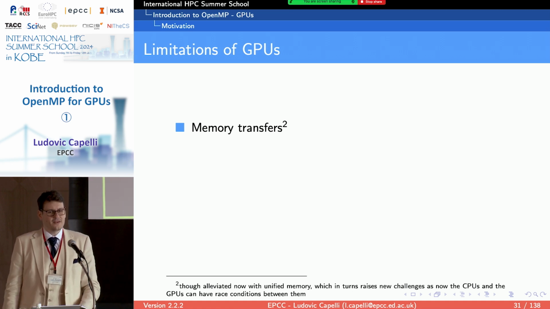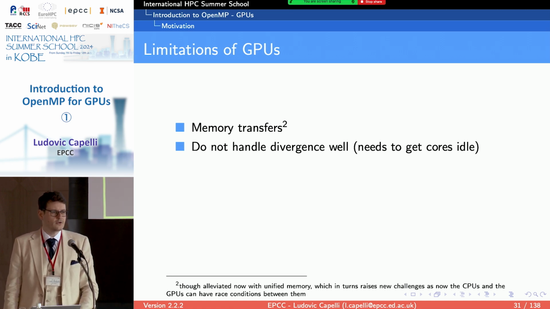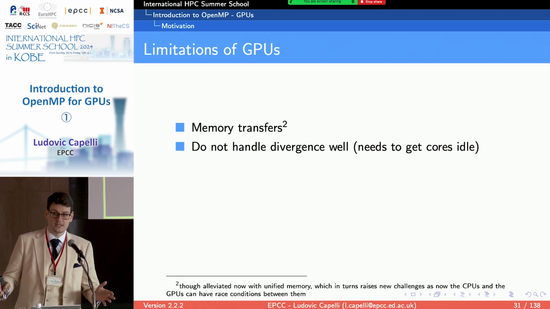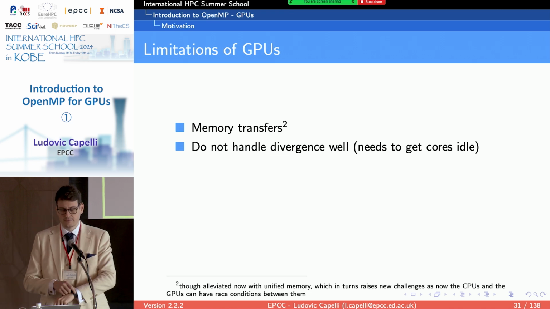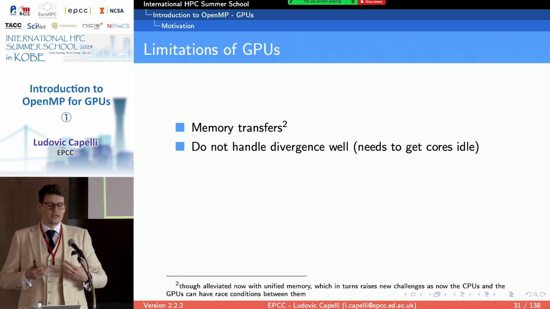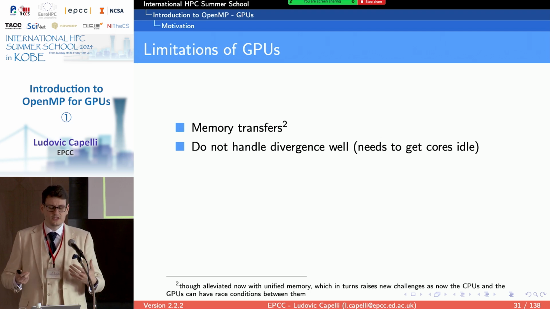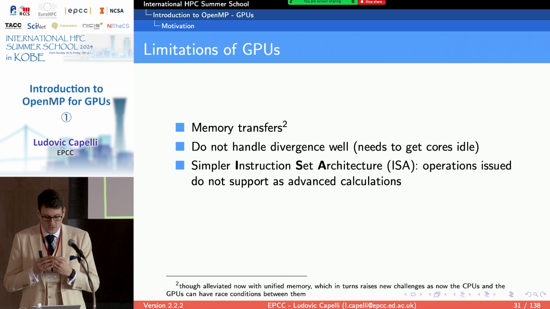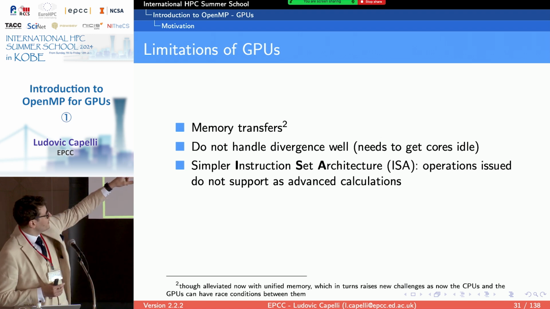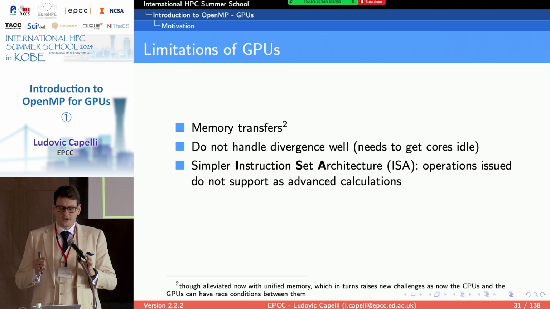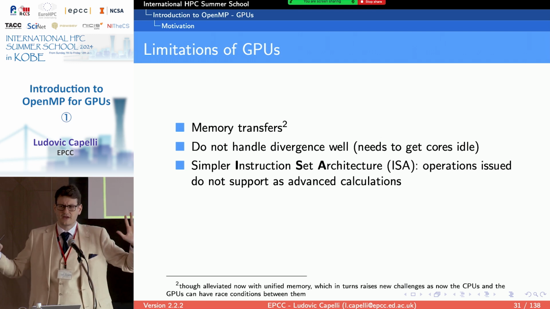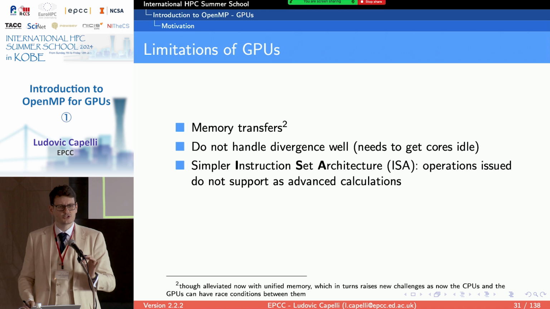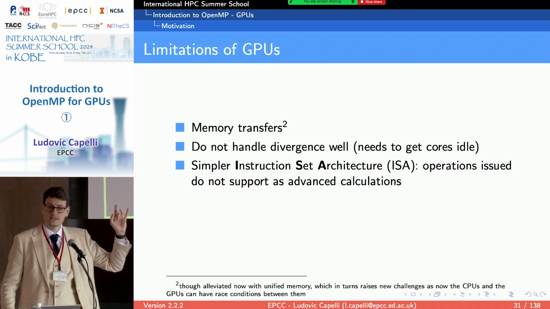There's something called divergence. Divergence is when you have an if statement in your code, when you have branches. What happens is GPUs have this very interesting, simple ISA, instruction set architecture, where the whole army, I'm going to simplify here, and I will go into a bit more detail at the end of this session, the whole army of cores, these 5,000 cores, can all do the same action at the very same time, just like you've seen in the video.